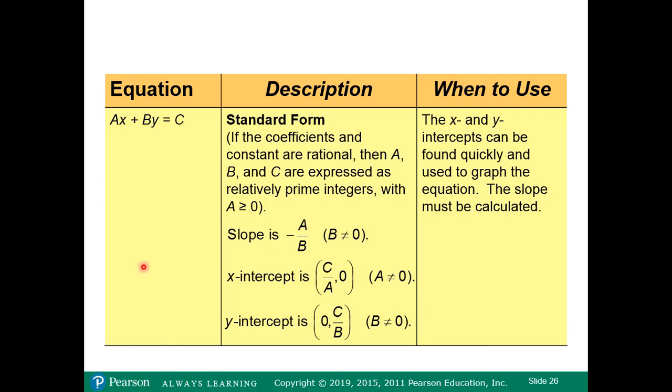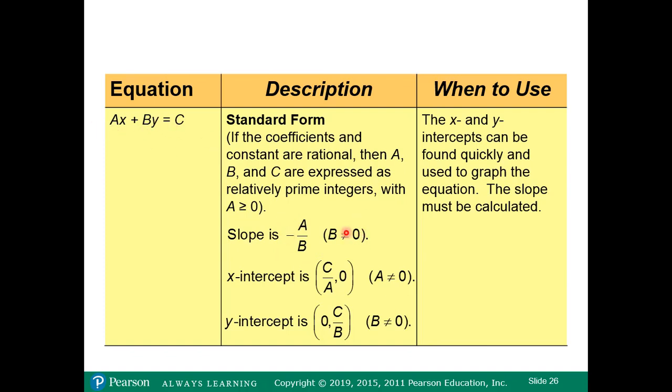And then in standard form, again, remember the restrictions. The slope is always the negative of a over b. Now you don't have to memorize this because if you solve it and put this in slope-intercept form, that's what you're going to get. But it's always negative a over b for the slope when you're looking at standard form.